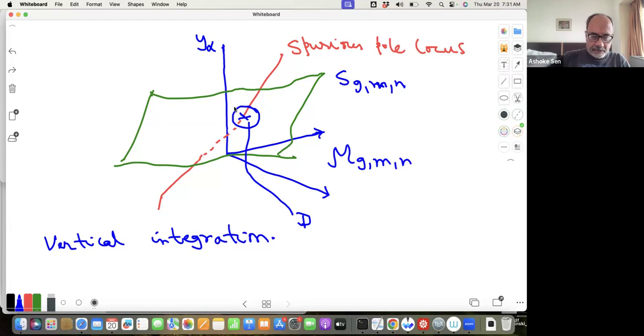Then what you do is you erect a cylinder on this. We call this C. And close it on top by a disk D. You have to take the cylinder sufficiently high, so that the spurious pole goes out of this interior, through the cylinder.